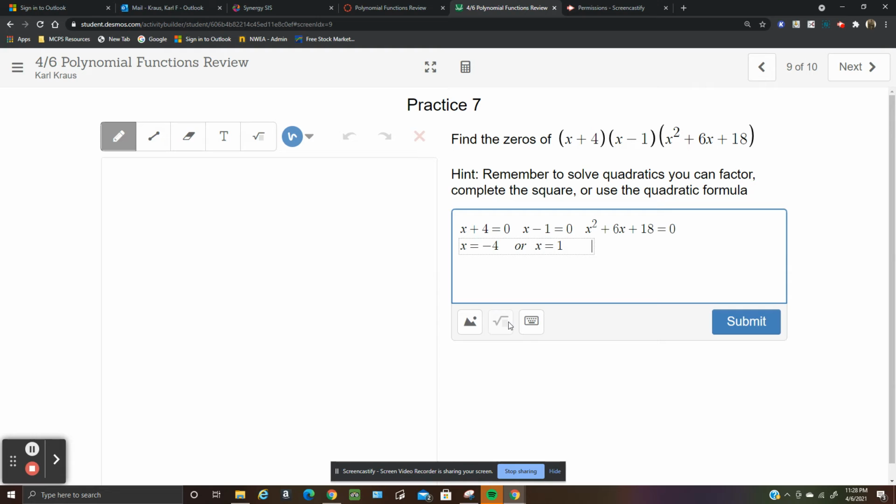And here I have to use the quadratic formula again. So the opposite of 6, plus or minus the square root of 36 minus 4 times 1 times 18. And I have to put parentheses around this whole thing to divide by 2 times a, which is 2.